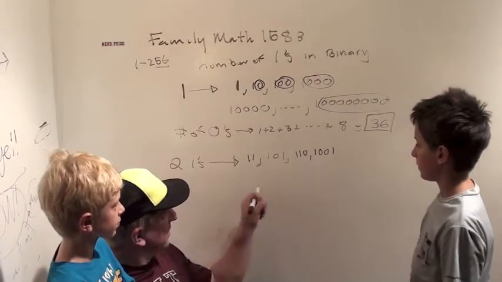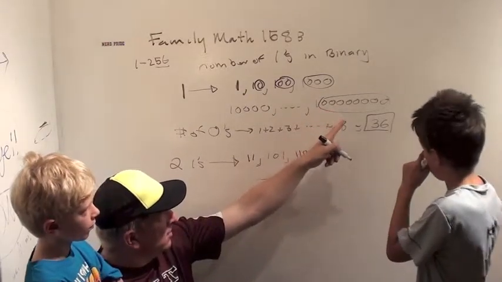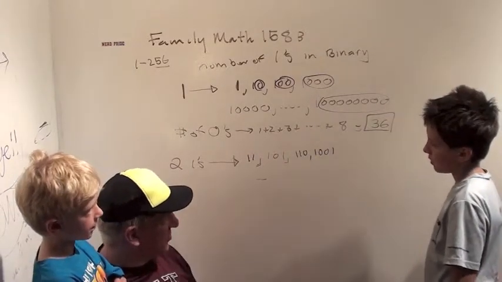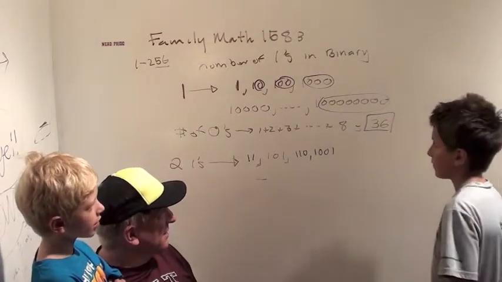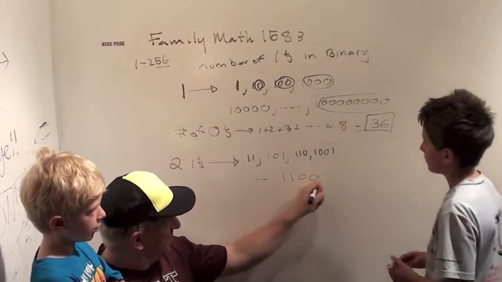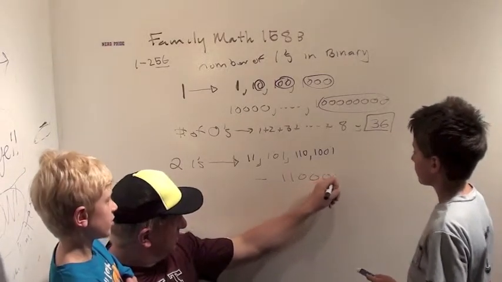Okay. And now we'll go dot, dot, dot. And now, remember, this is our last number, 1, 0, 0, 0, 0, 0, 0, 0, 0. So what's the last number in our list that has 2 ones? I think it's going to be 1, 1, 0, 0, 0, 0, 0, 0, 0. How many zeros? 7 zeros.